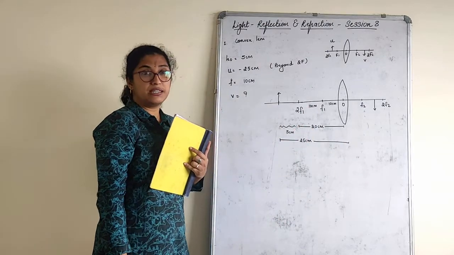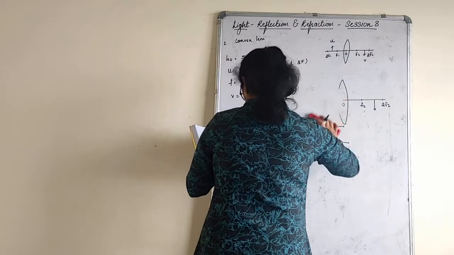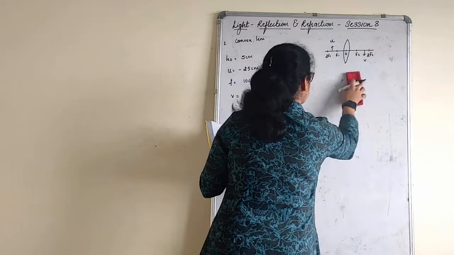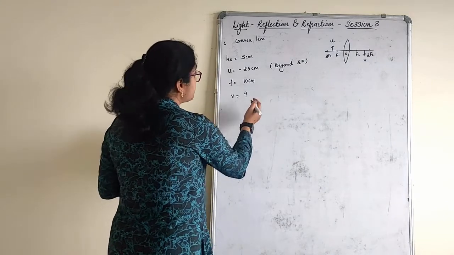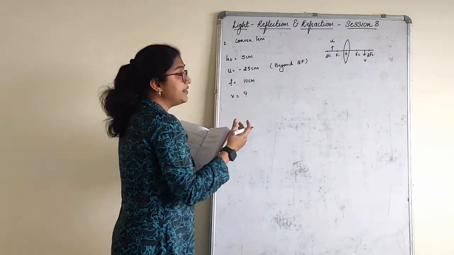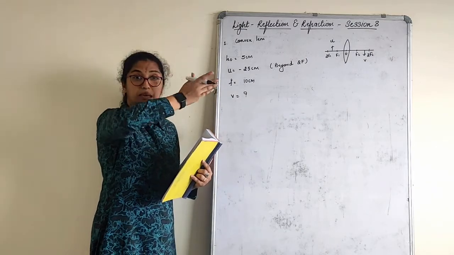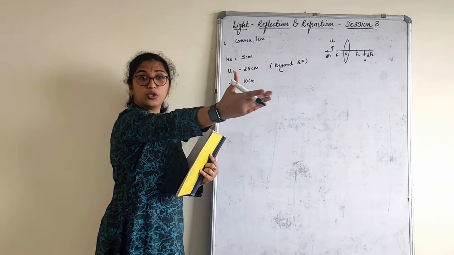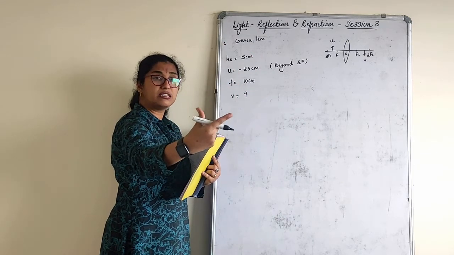It's very simple to understand. So just make a note. I will just erase this part. Okay. So when you keep it beyond 2F, height is given as 5, right? So when you keep the object beyond 2F, the image that you get there, children, is of what size? Bigger size, smaller size or same size?